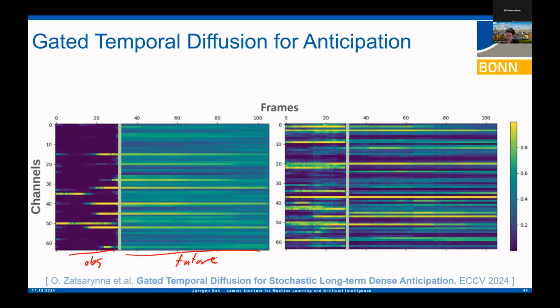And if you look there, we see that there's a pattern. At the beginning, just some parts of the observation are taken into account. And then later in the stage, we see that these patterns of the gating values are changing. We also see that some of the channels, like this one here, remain small, or sometimes only the observation is used.